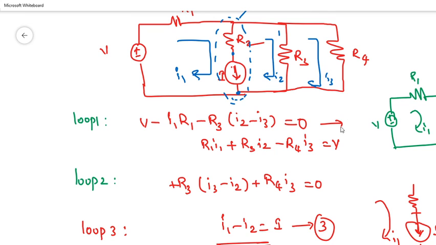So this is the first equation, this is the second equation, and this is the third equation, in order to get the 3 mesh equations. So whenever you have any current source in a loop equation or loops, then we can skip it by super mesh analysis.